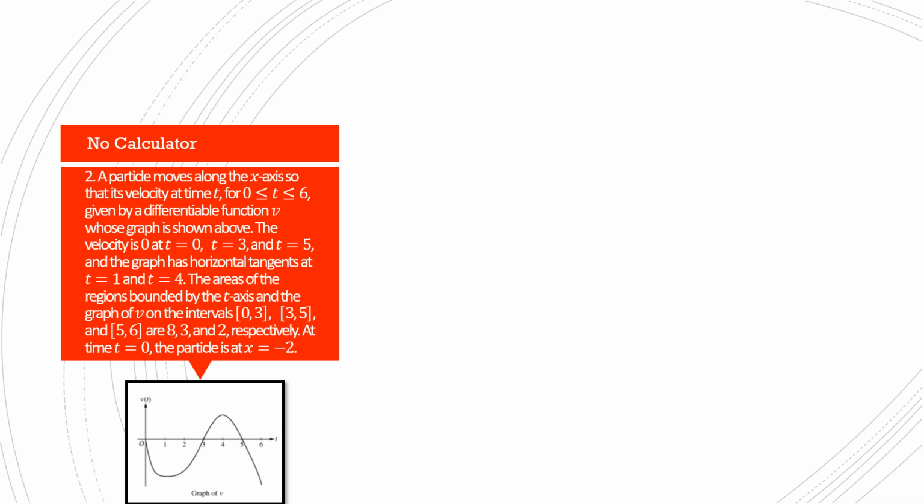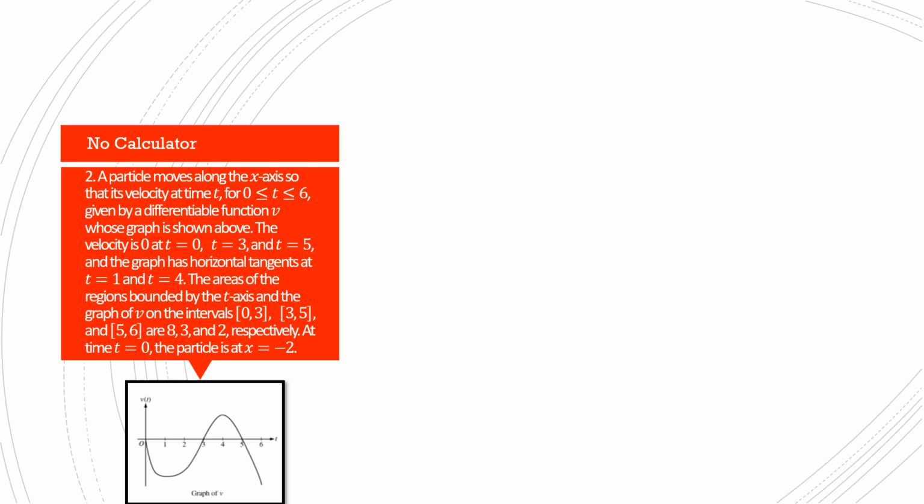All right, so a particle is moving on the x-axis, so its velocity at time t is given by this differentiable function, and they're showing us the function as a graph. The velocity is 0 at t equals 0, t equals 3, and t equals 5. They're just letting us know that's where it crosses the axis.